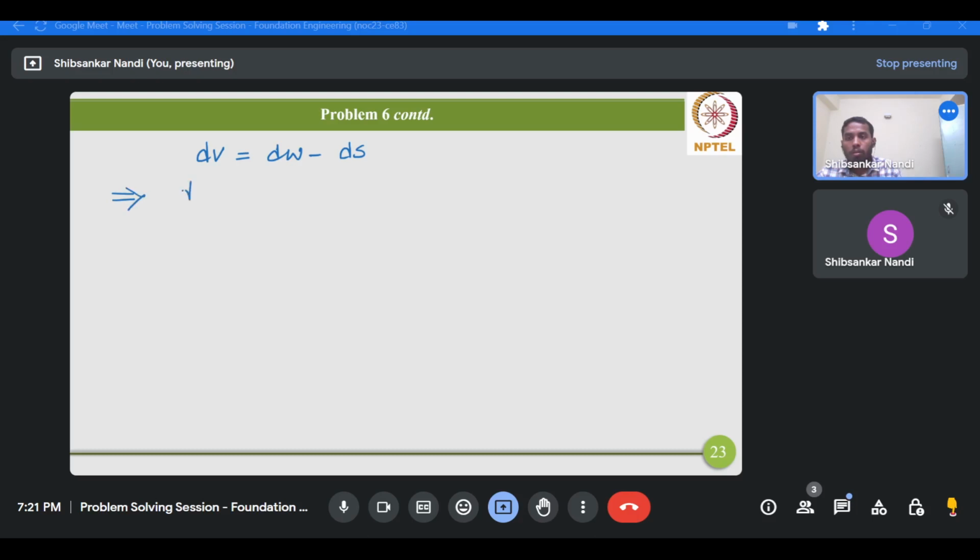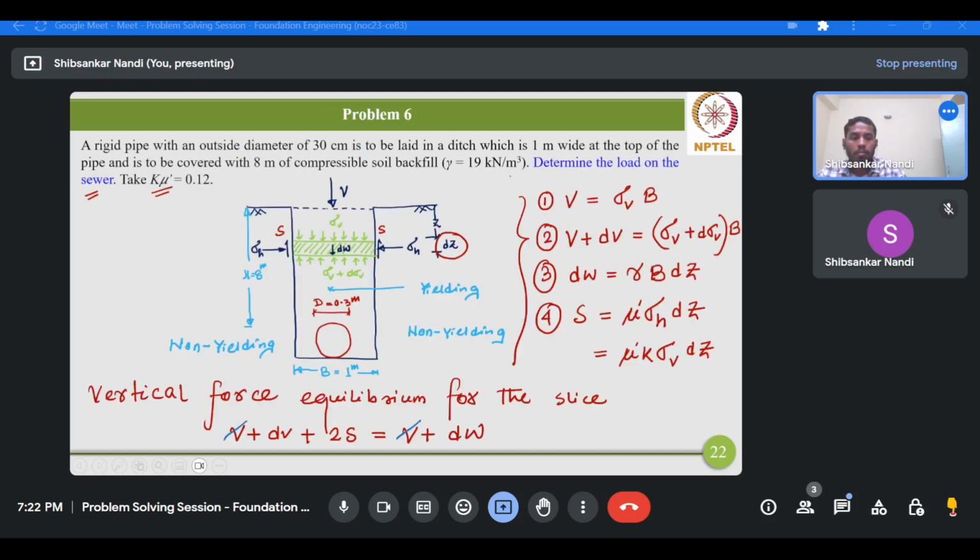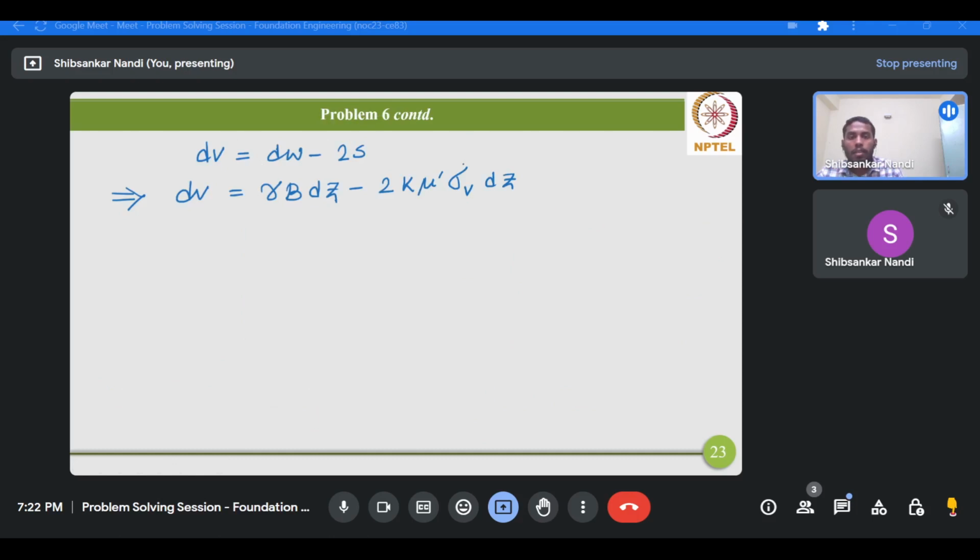So therefore we can write dW is gamma b dz, and this S we have already calculated as K mu prime sigma V dz. Now what is this sigma V?